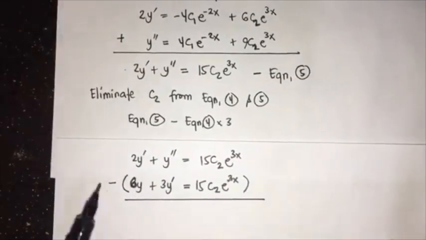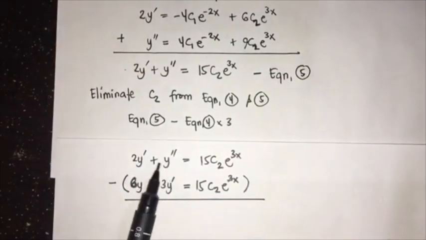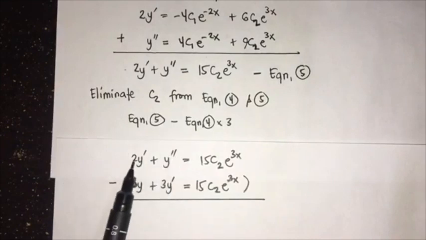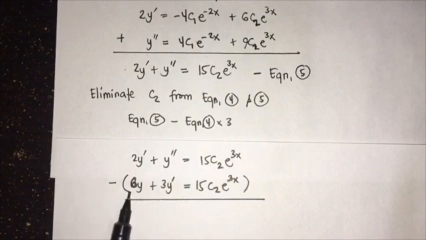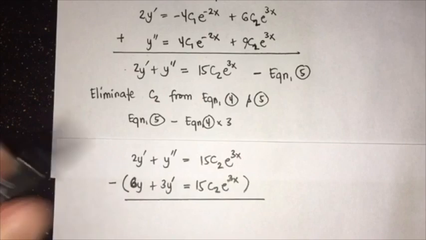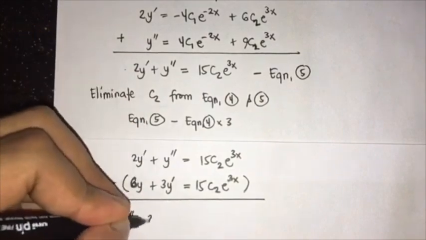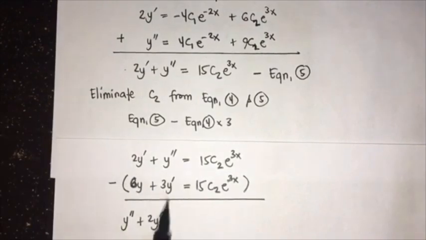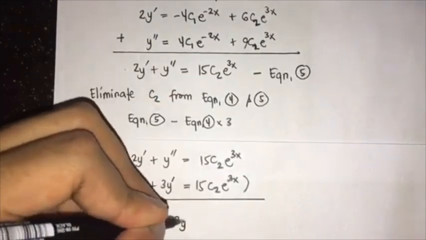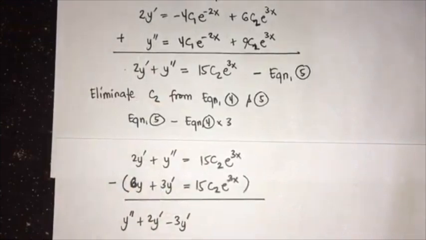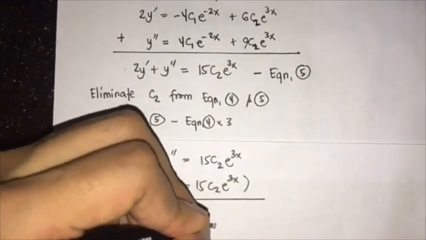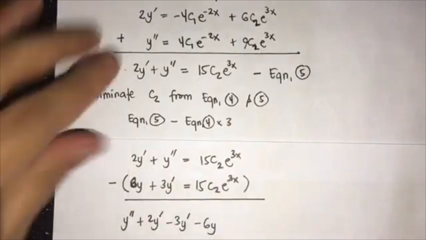Okay, so subtracting that, we have y double prime plus 2y prime minus 3y prime minus 6y is equal to 0.